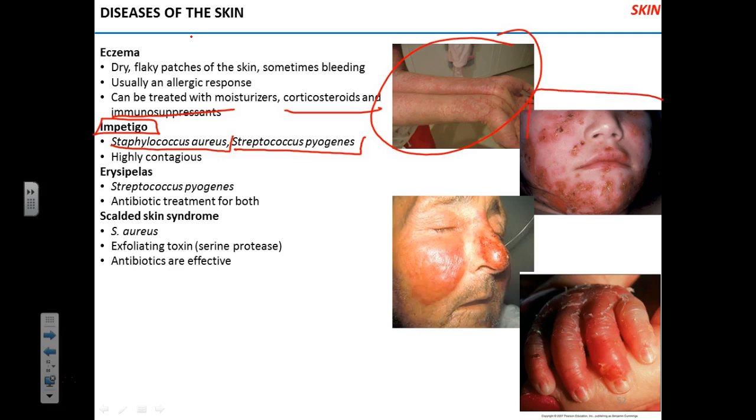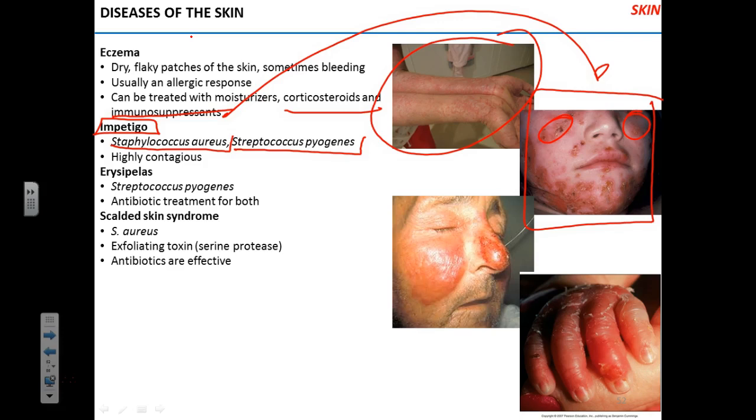You can see the photograph of a child with impetigo here on the right. Now, it looks very unpleasant. Interestingly enough, those lesions that you can see are usually painless, maybe mild itching.